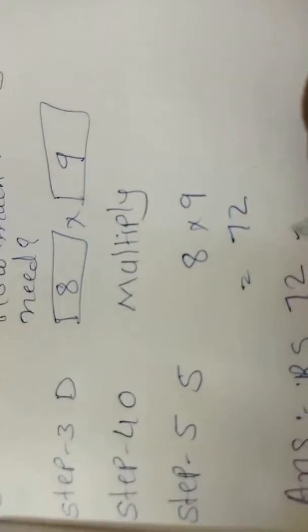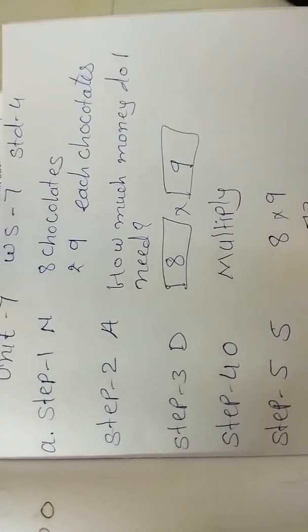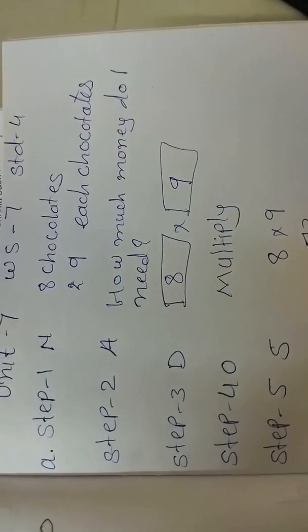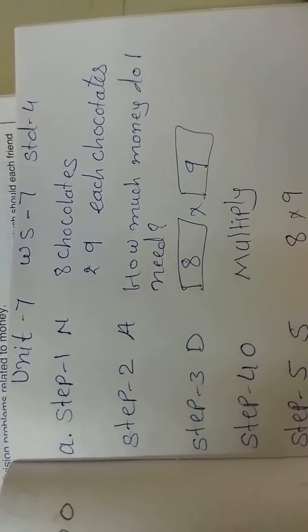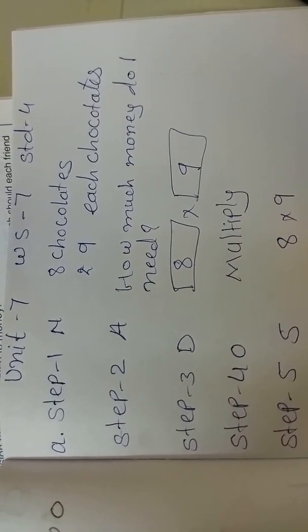Rupees 72 is needed. Now look at step number 1 to 4 and write it down in your notebook. I'll give you 1 minute. You have to complete your work.